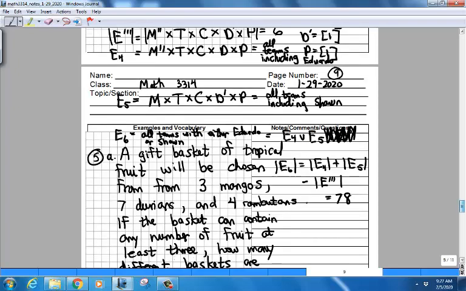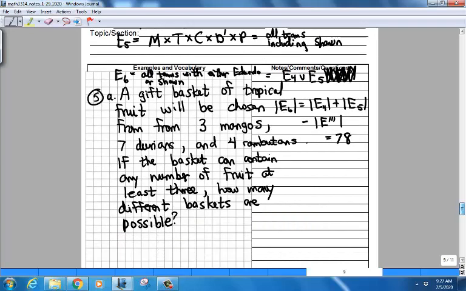All right, now we're going to put some conditions on here. The basket can contain any number of fruit, but of course, we want it to be a real basket. So it's got to contain at least 3 fruit, but it can go up to, I guess, all the way up to 14, because you could put everything in the basket that you have.